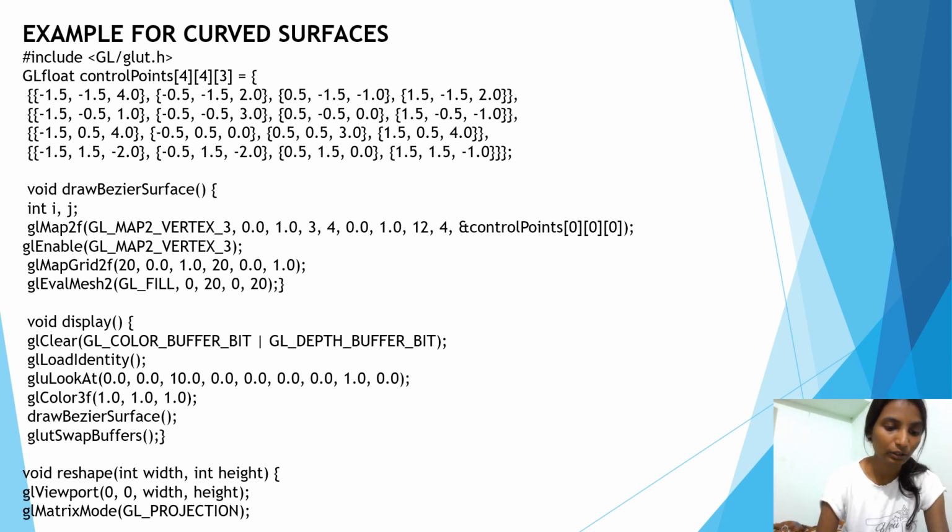That is, #include glut.h for OpenGL and GLUT functionality. And the control points for the Bezier surface are defined in a 4 by 4 by 3 array called control points. Each control point has three coordinates, that is x, y, z, and represents a point in 3D space.